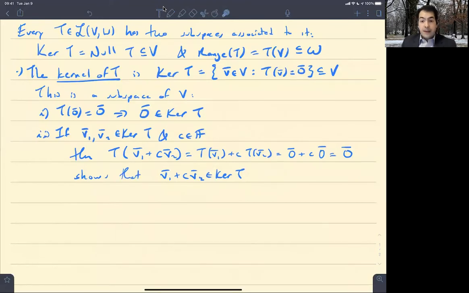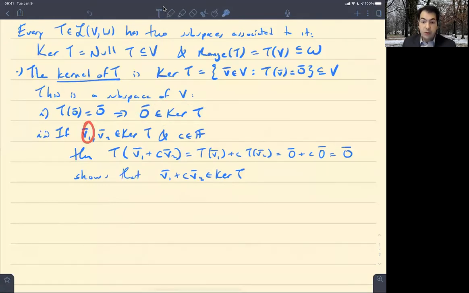Okay, now we needed to show that it's closed under addition, right? But take the constant c to be equal to 1, and we've just checked that if v1 and v2 are in the kernel, then v1 plus v2 is in the kernel, right? And then we need to check that it's closed under scalar multiplication. So take the vector v1 to be 0, which we already know is in the kernel.